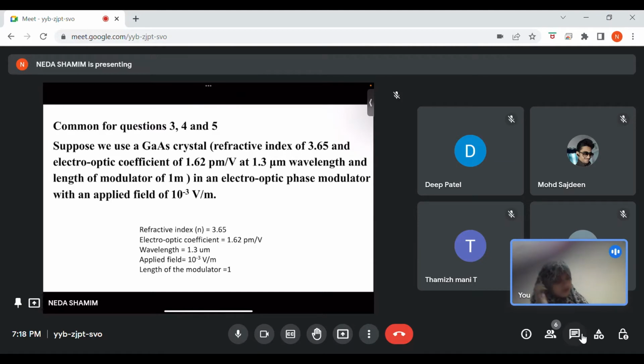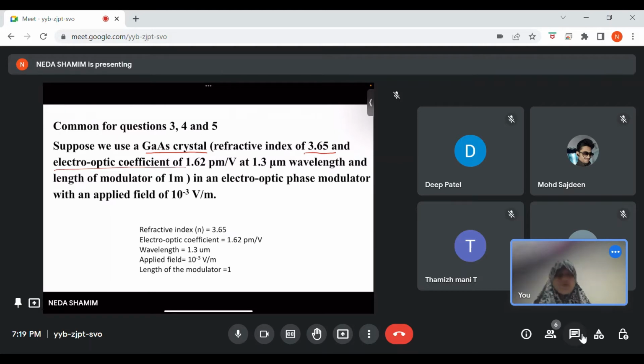The question we have here is based on Pockel's effect. We have a gallium arsenide crystal. The refractive index is given, and the electro-optic coefficient, which is the r that I showed you, is also mentioned.